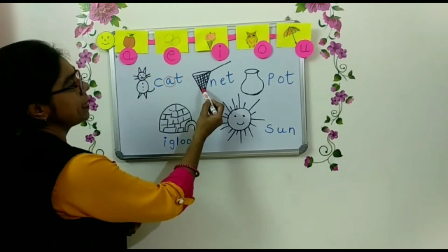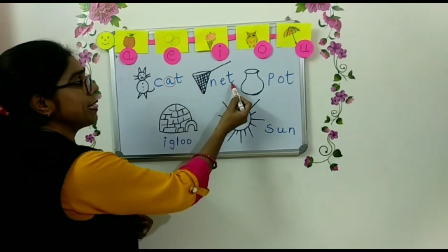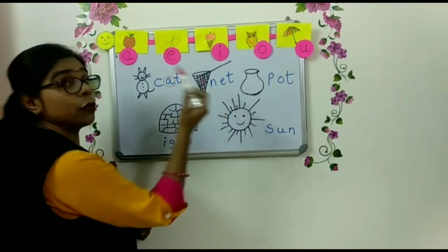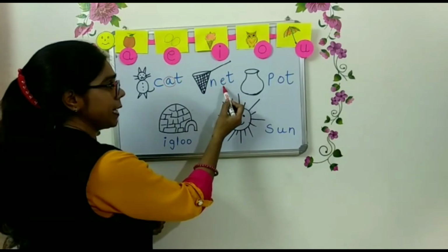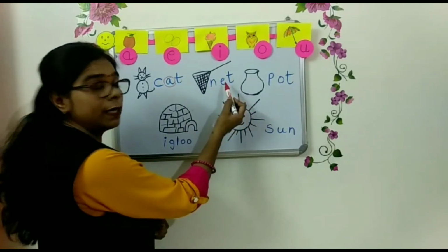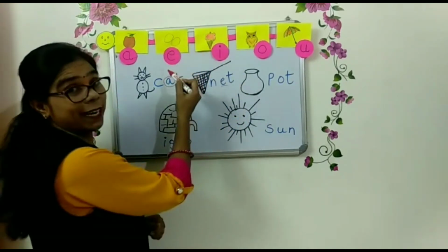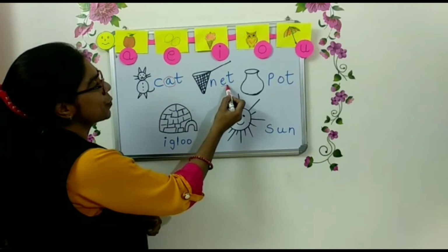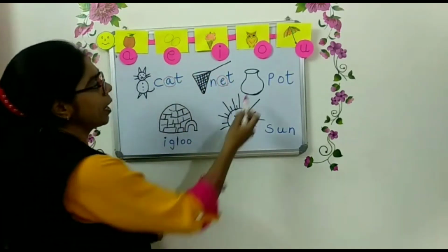Now what is this? This is a net. N-E-T, net. Now you have to read each letter carefully. N, E, T. In these 3 letters, where is the vowel? Yes, the middle one. E. E for an egg, no? So E is a vowel. Okay, now the third one.